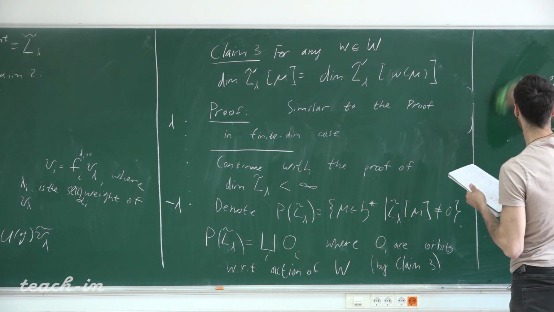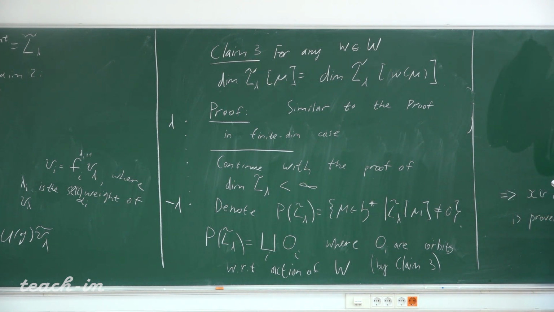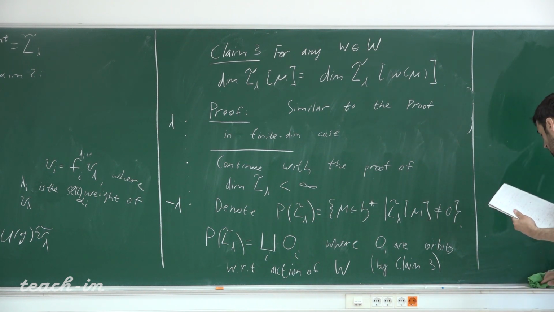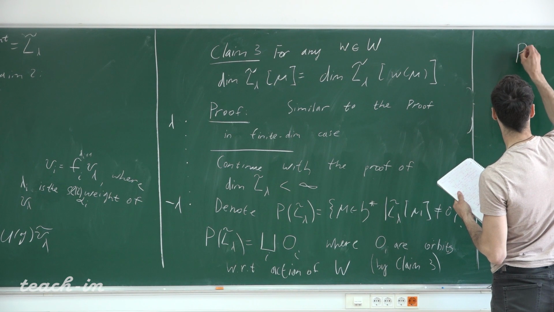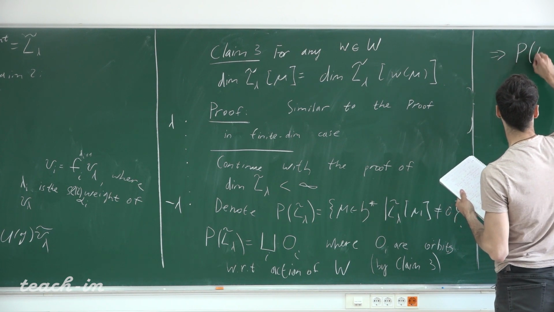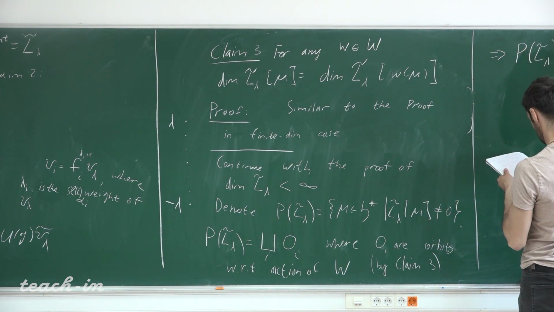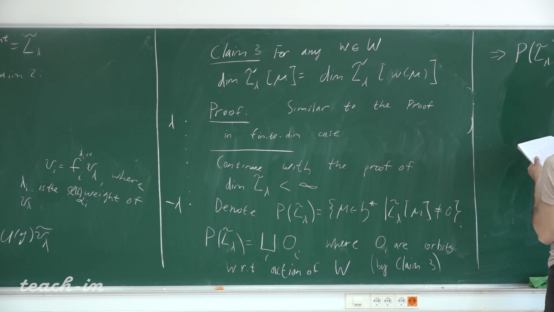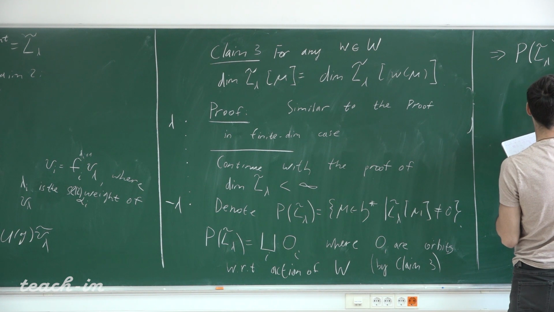Okay, and this means that we can write for this set P of L lambda tilde that it is a disjoint union of W mu. So this is the whole Weyl group, like an orbit corresponding to the point mu, where mu actually runs over P plus.